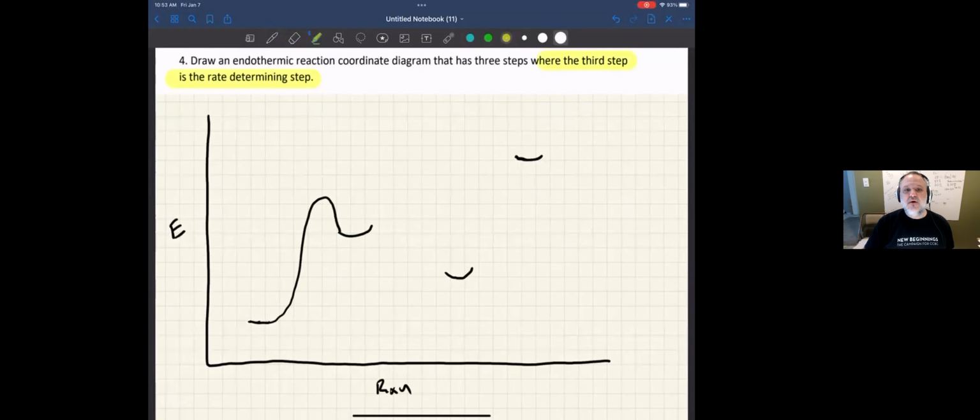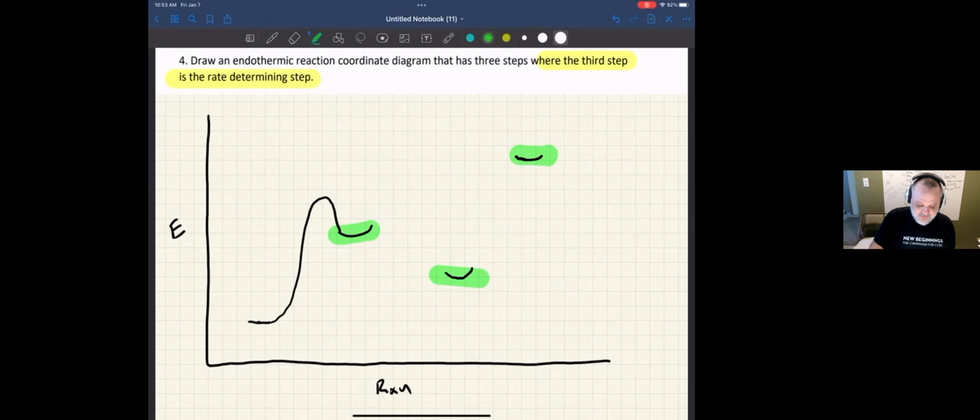So a larger activation energy means a slower reaction, and the rate determining step is the step that is the slowest. So what we need to do is not only have 1, 2, 3 minima along the reaction coordinate after the reactants, we need to think about the relative positions of the transition states.